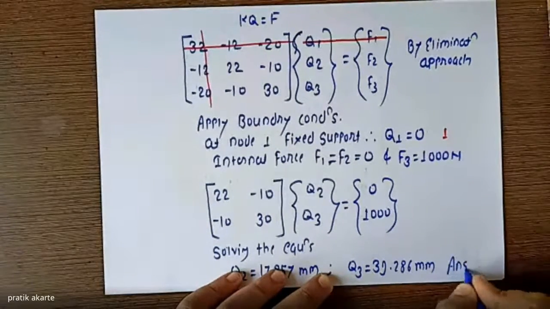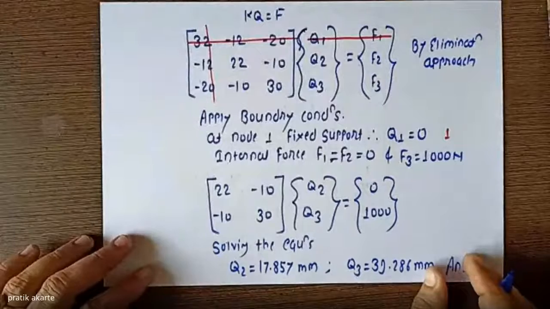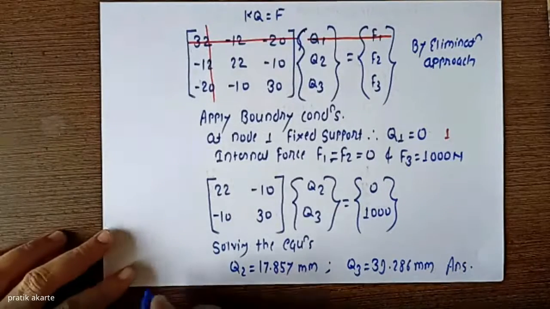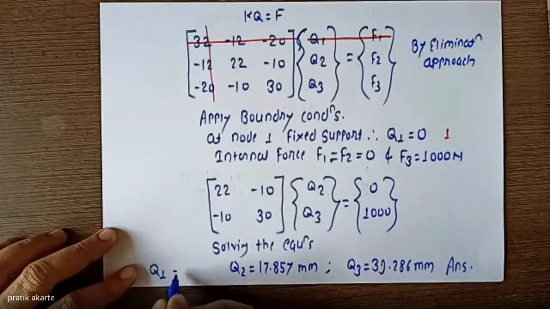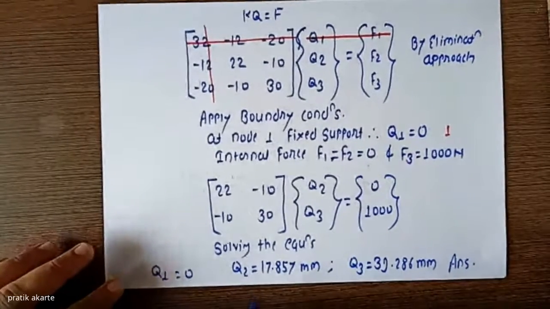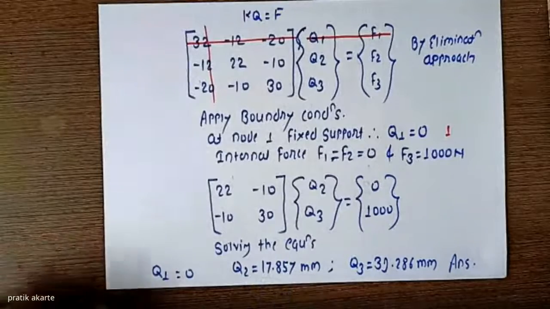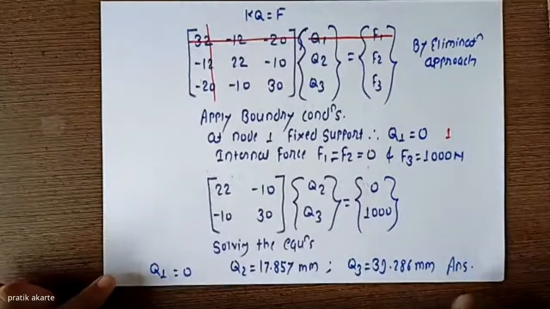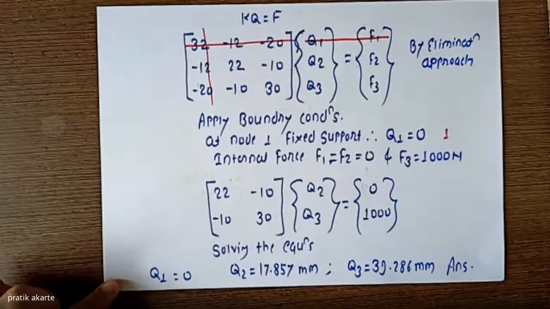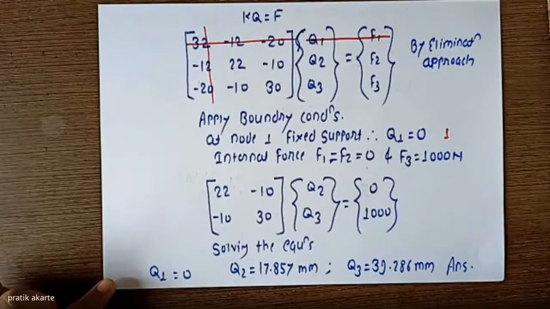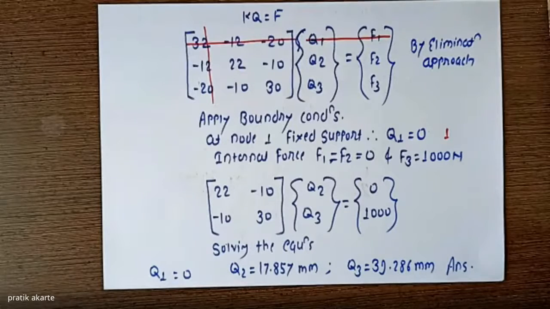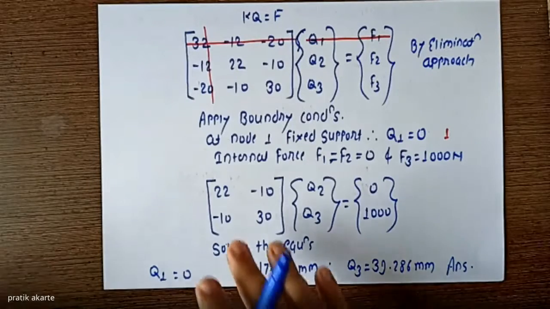These are your answers for the first part, the displacements. At node number 1, the displacement is 0. At node number 2, the displacement is 17.857 millimeter. And at node number 3, the displacement is 39.286 millimeter.